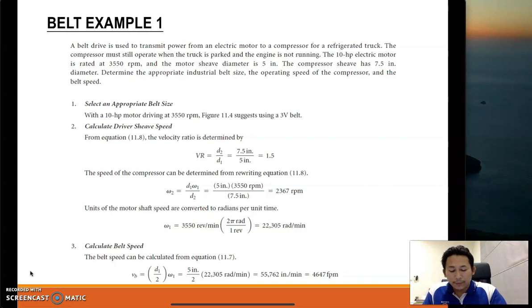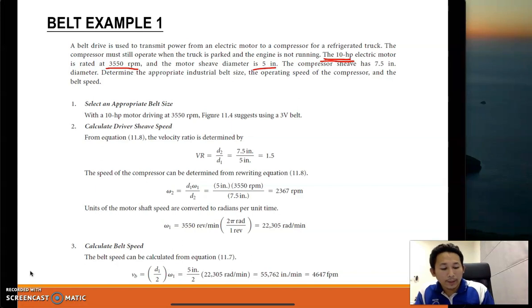A belt drive is used to transmit power from an electric motor to a compressor for a refrigerated truck. The compressor must still operate when the truck is parked and the engine is not running. The 10 HP motor is rated at 3550 RPM and the motor shaft is 5 inch.